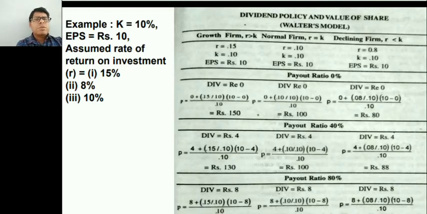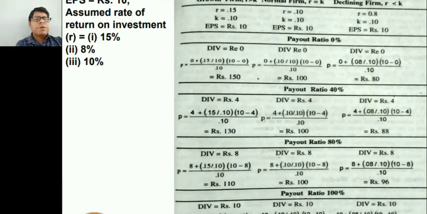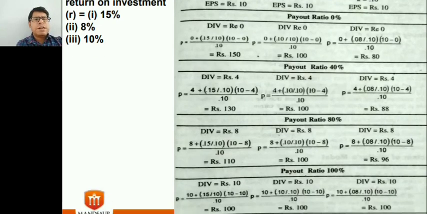So in growth firms, we have put the value r equals 0.15. So 15% can be denoted as 0.15. Likewise, we have put the values as given in the question, right? So we are assuming four categories: when payout ratio is 0%, when payout ratio is 40%, payout is 80%, and payout is 100%.